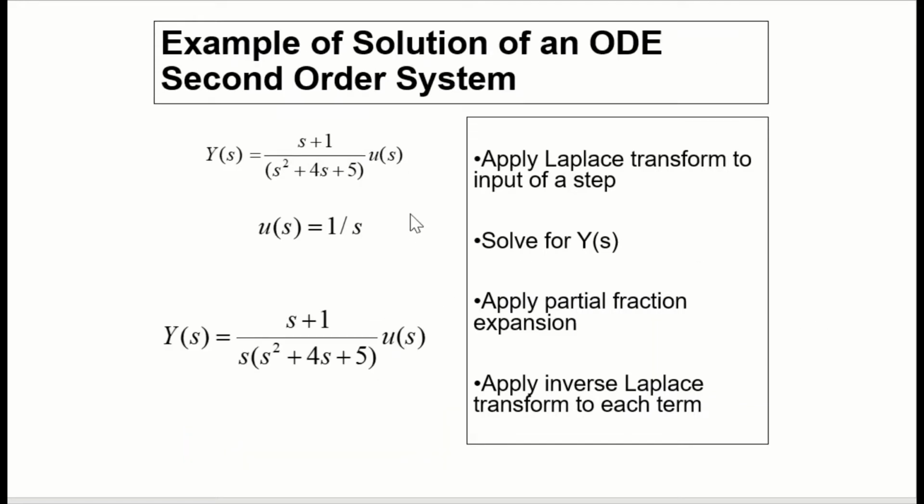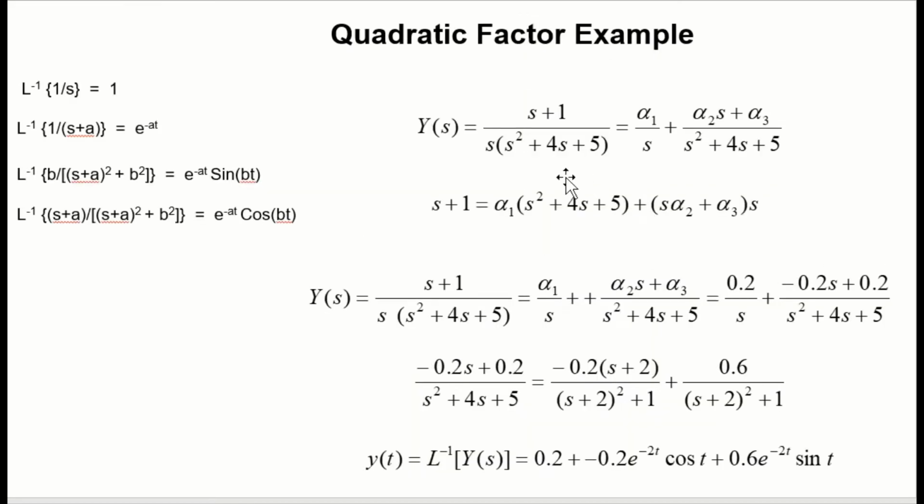In the case of a second order system where it can't be factorized, it can get a little bit more complicated. So let's have a look at that one next. Let's say we've got s plus 1 over s squared plus 4s plus 5. We're looking at the step response, so it's going to be 1 over s. So we could take this function out and split it into partial fractions.